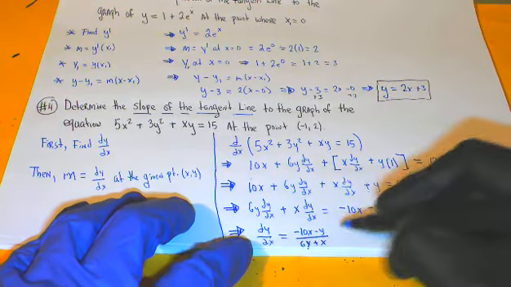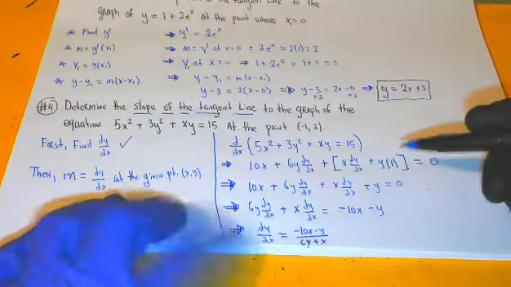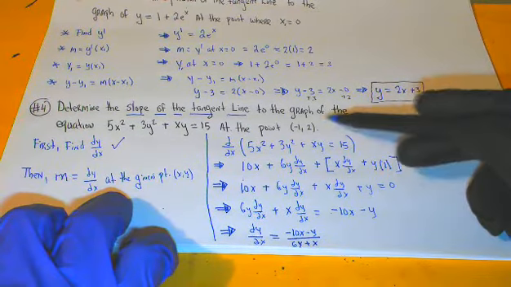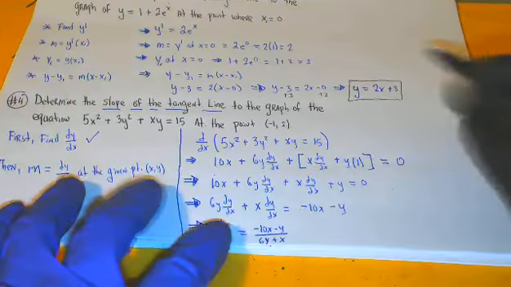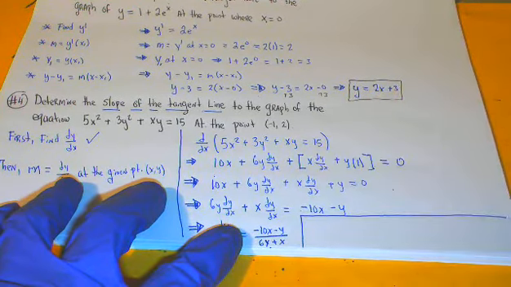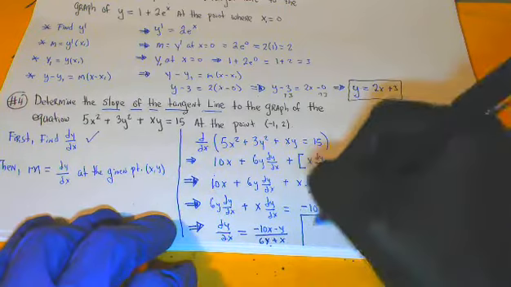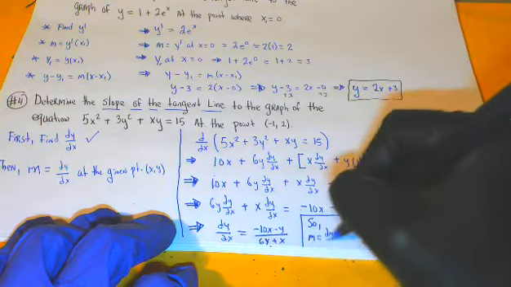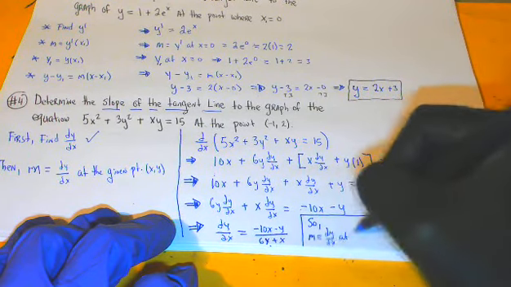So since I found my derivative, dy/dx, I can now find the slope. If I want to find the slope, m, I just have to plug in my given point into our derivative. I'll do it over here. m is going to equal dy/dx at the point -1, 2.